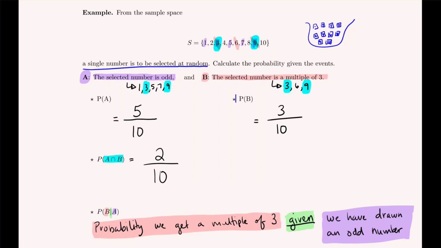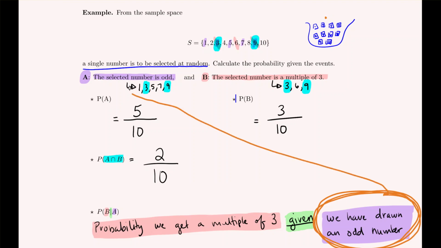So what's happening here is, suppose we drew an item from the bag. We did not look at what we drew. However, a friend was next to us and they looked at it, and although they didn't tell us the number exactly, they did say, you drew an odd number. So since our friend told us this extra information, the fact that given we have an odd number, we know that whatever number I drew, it is one of our odd numbers, 1, 3, 5, 7, and 9.